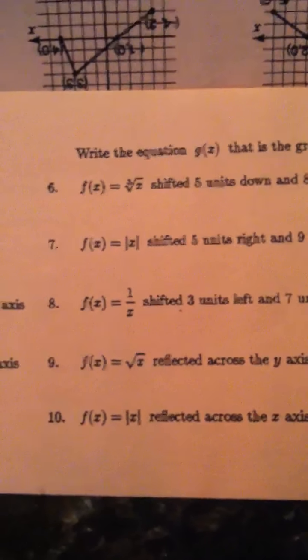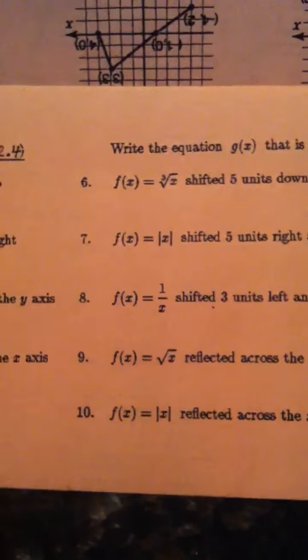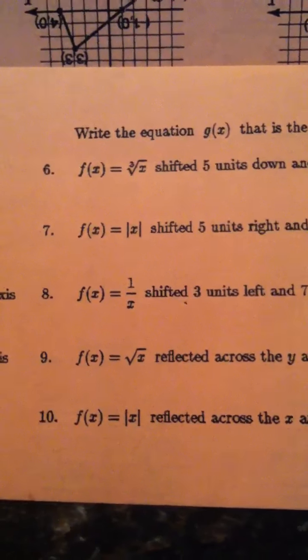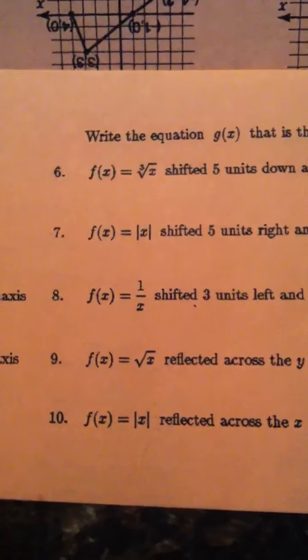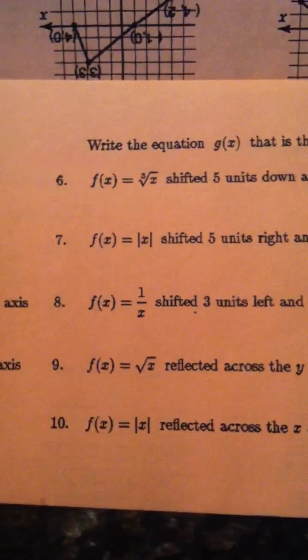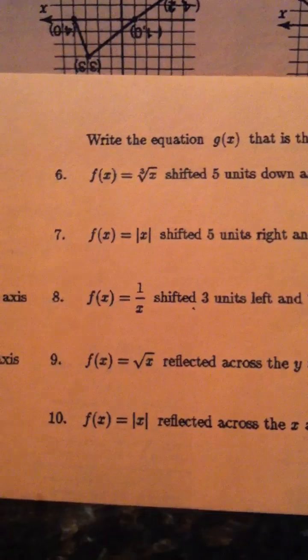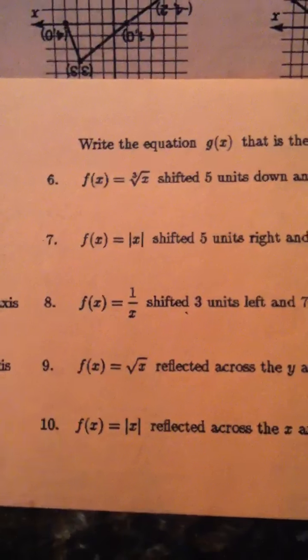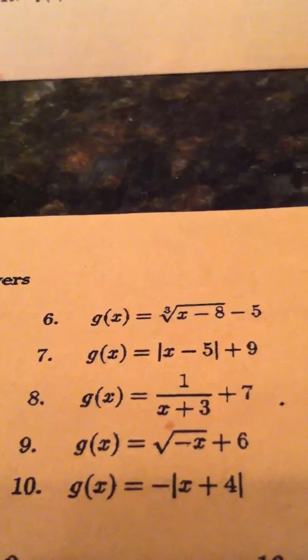So in this problem, the x value is normally in the denominator, so the 3 is going to go in the denominator with it. And because it says 3 to the left, you write it backwards, so instead of x minus 3, which you might think in your brain, it's going to be x plus 3 in the denominator. So my final answer is 1 over x plus 3.